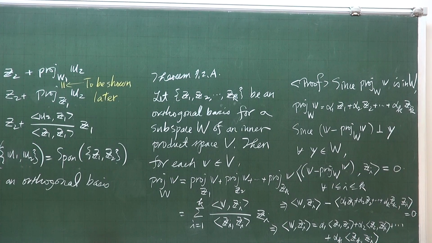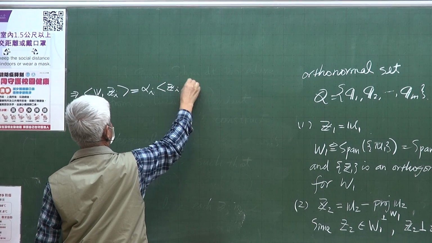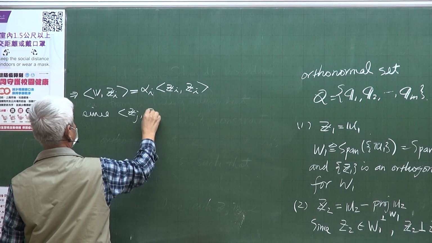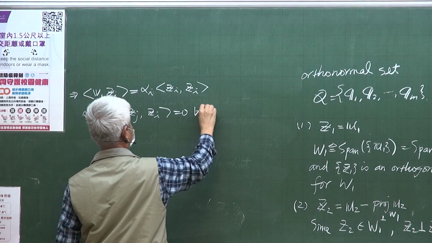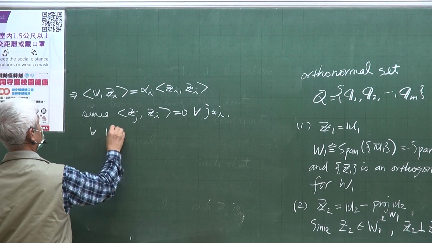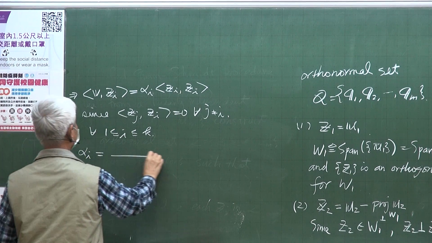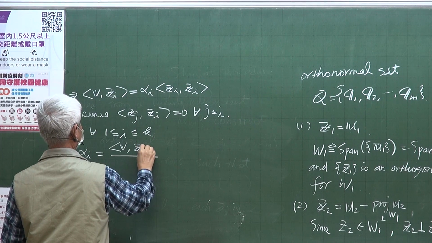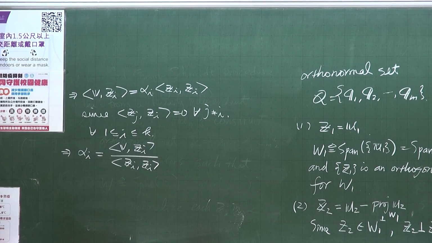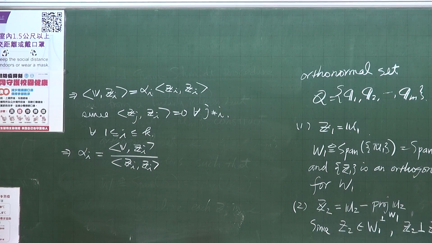So this implies that, for all i from 1 to k, alpha i is equal to <v, zi> over <zi, zi>. Alright, so we determine the coefficient of i.